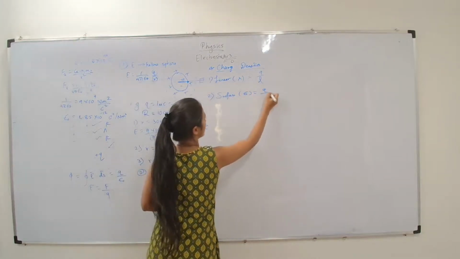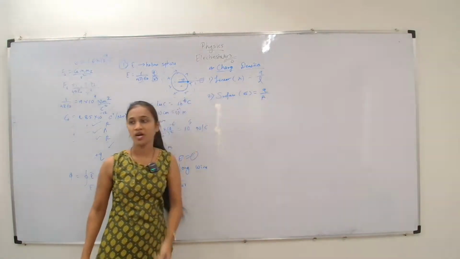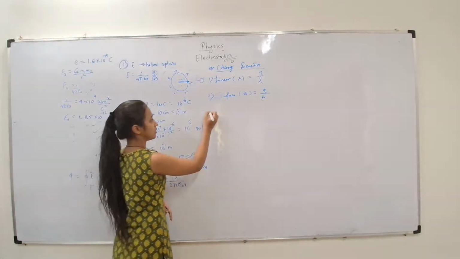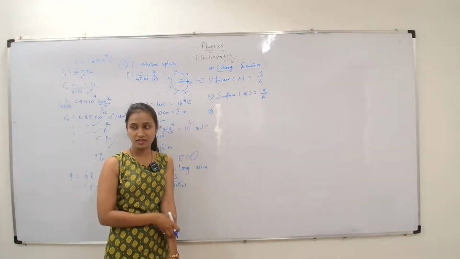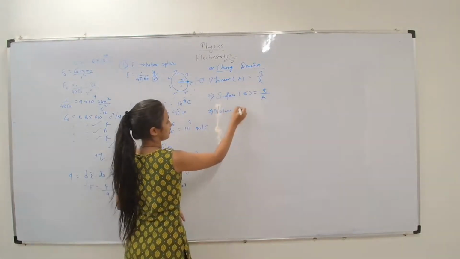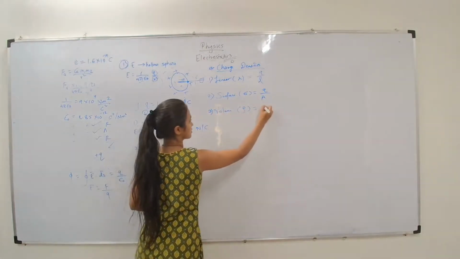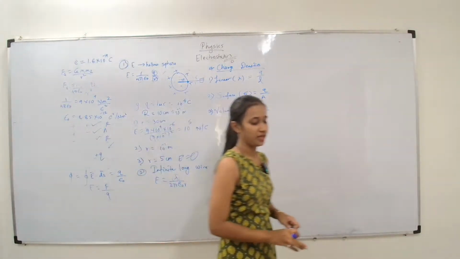It is charge divided by A, coulomb per meter square. And the third one, if charges are distributed inside any three-dimensional body, then it is volume charge density denoted by rho, that is Q upon V, coulomb per meter cube.